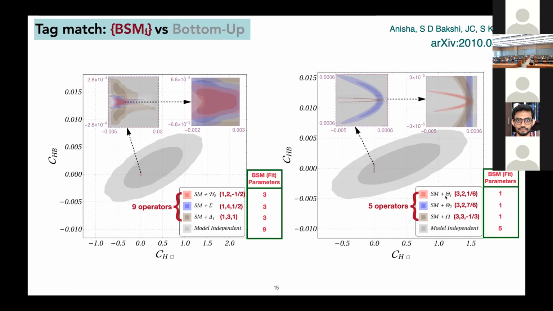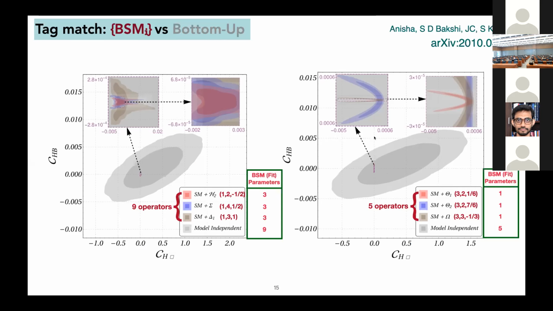Similarly for different kinds of leptoquark scalars. If you start with theta 1, theta 2, omega, then after integrating them out you get 5 such operators, so you get these gray ellipses in the CHB versus CH box plane. But once you integrate them from the top down approach, they are functions of one parameter, and there is a minuscule regime which will satisfy all this low energy data.